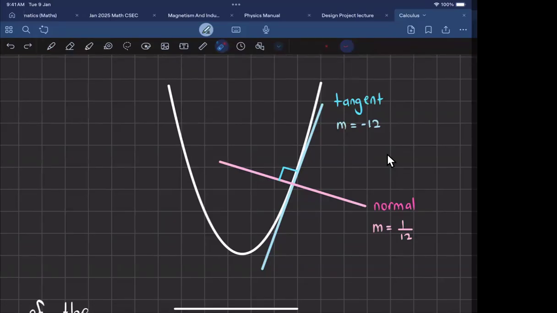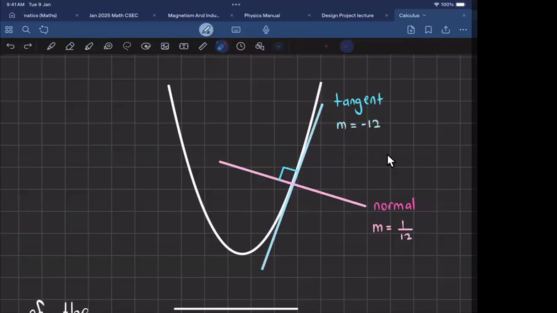That's with R. You're going to find the R. The reciprocal. Reciprocal. Yes. So they are related to each other by the negative reciprocal.